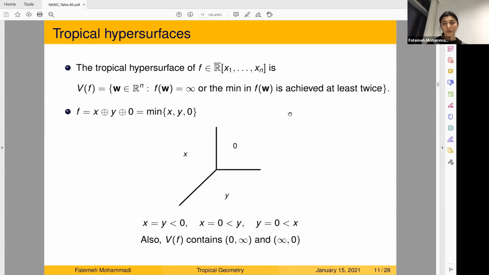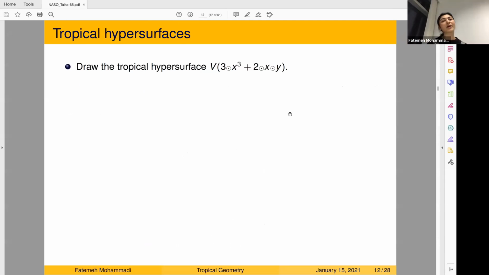Okay, good. Now, think about it for 1 minute. I'm going to pause here and ask you to draw the tropical hypersurface, which is the variety of this tropical polynomial: 3 times x cubed plus 2 times xy. My polynomial has 2 terms.